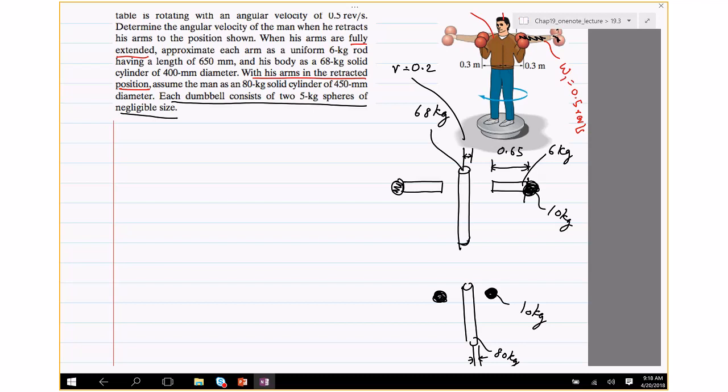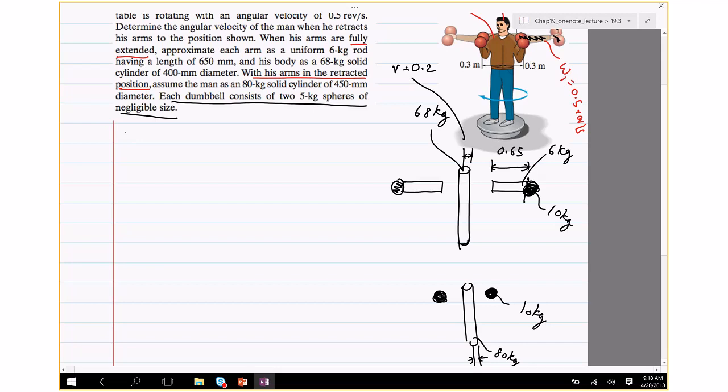Okay, so the question is, what principle do we apply? Well, in this case, if you look at the complete system of the turntable, they have said the turntable is negligible mass, and the person, then there is no external force acting on the system, so no external impulse. So that will equate to 0 linear impulse and 0 angular impulse. Okay, so we can apply the principle of conservation of momentum.